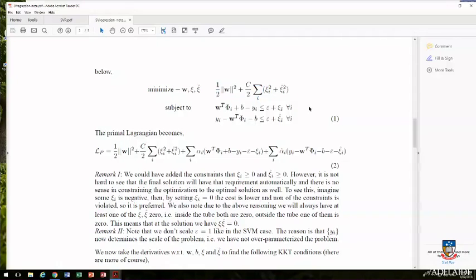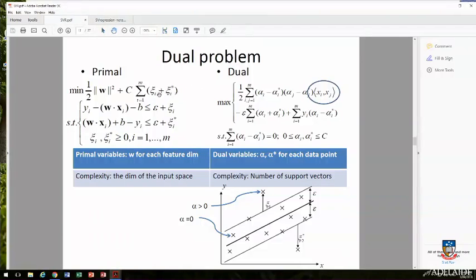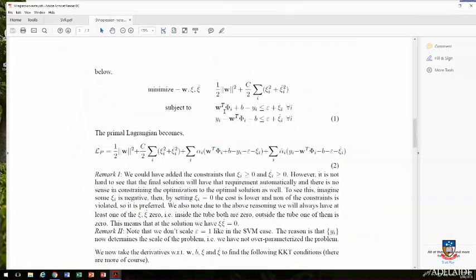But do remember here, the training error is a squared version. It's not the linear version as we do here. So it's slightly different, and that's why the dual problem will be slightly different too. This is just two different formulations of support vector regression. And in most of the cases, they should work almost the same.